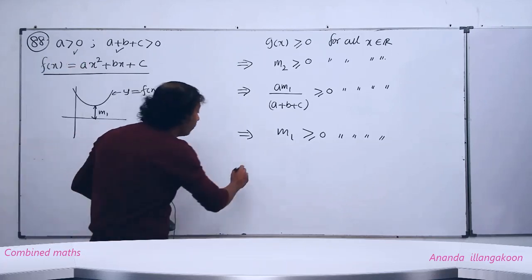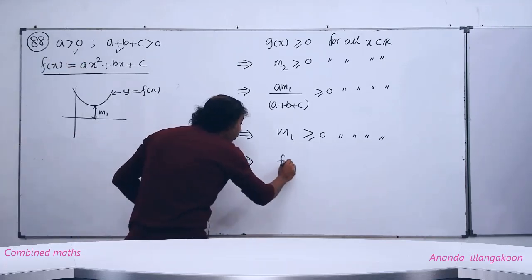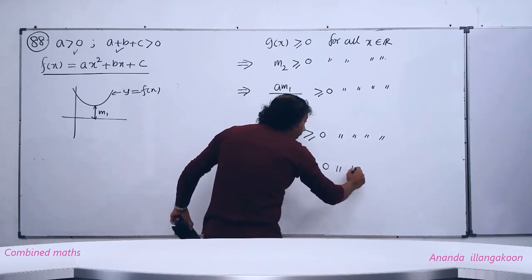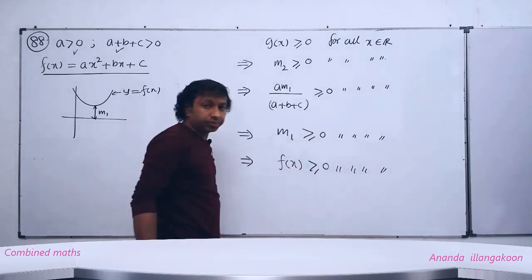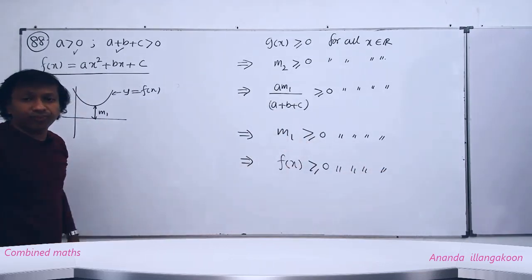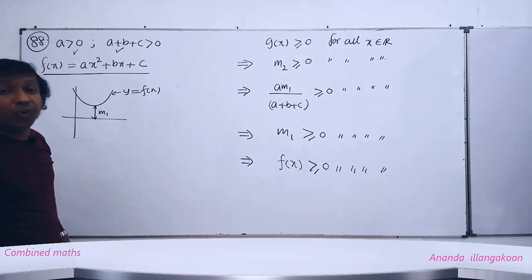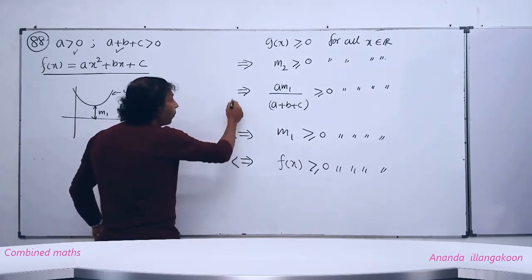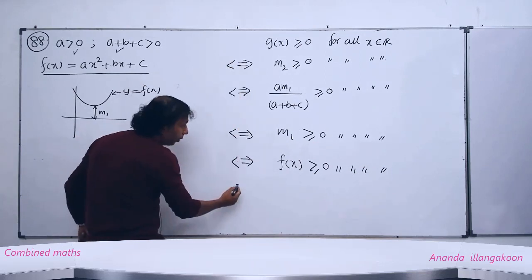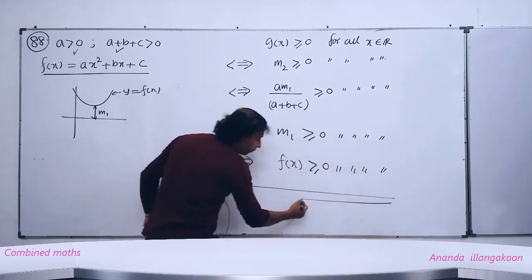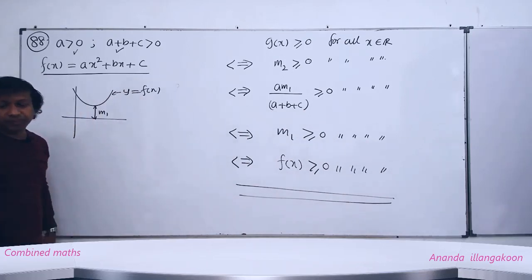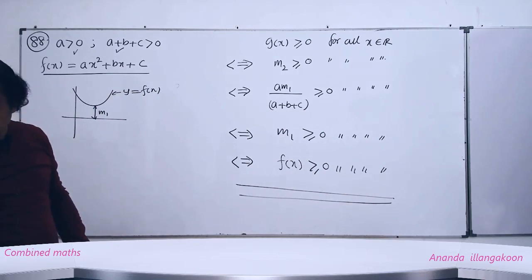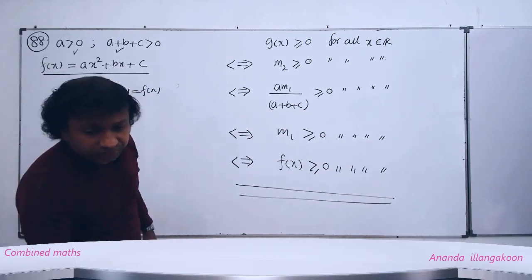Then this says f(x) greater than or equal to 0 for all x in R. That is the if proof. Now, for the only if proof, we have to go backward this way. This is how we prove that, and this is how we complete that question.